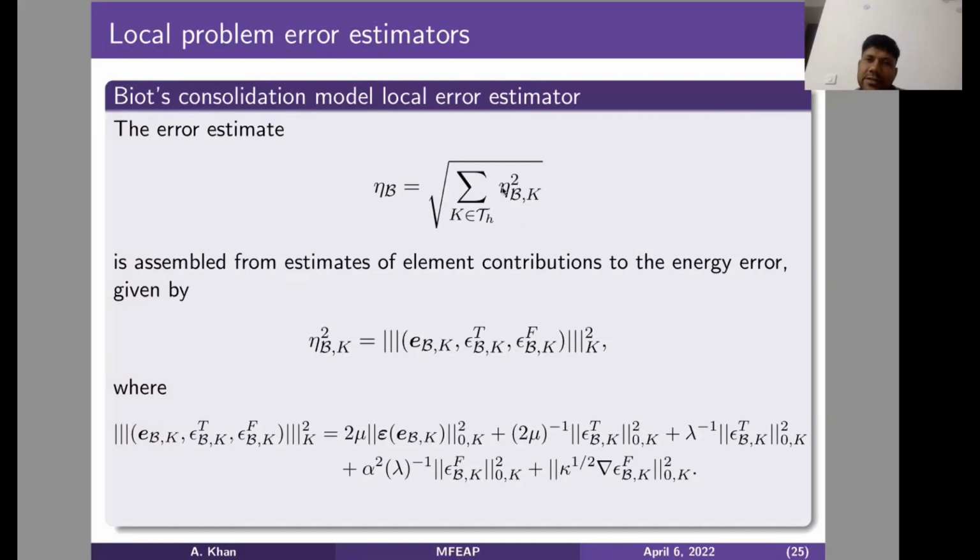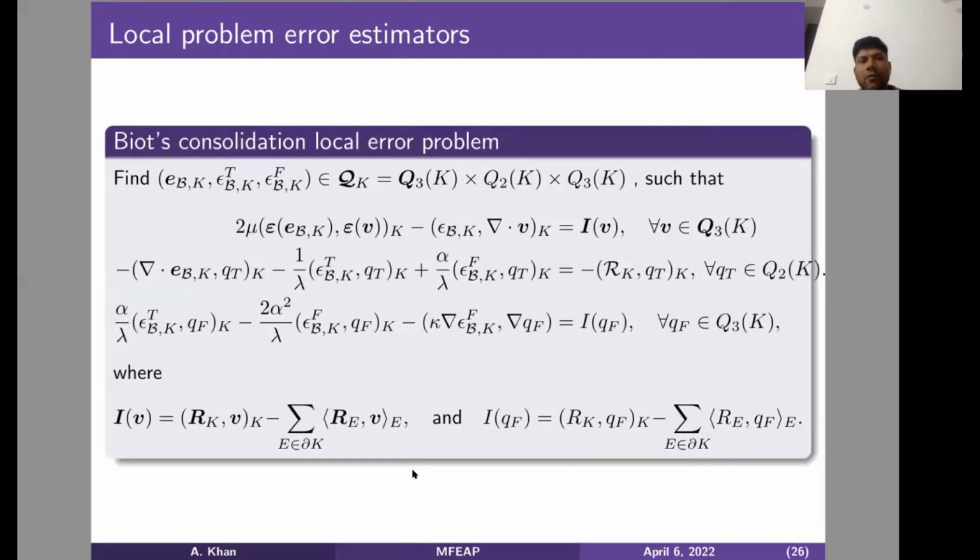The definition of this Biot error estimator is a triple norm of all these error quantities, EVK, E transpose VK, and EFB. These error quantities come from all three equations of our PDE. And if you look at the definition of this norm, it is represented by this expression, 2 mu, and other quantities, which also comes directly from our norm definition. And how do we compute these error quantities?